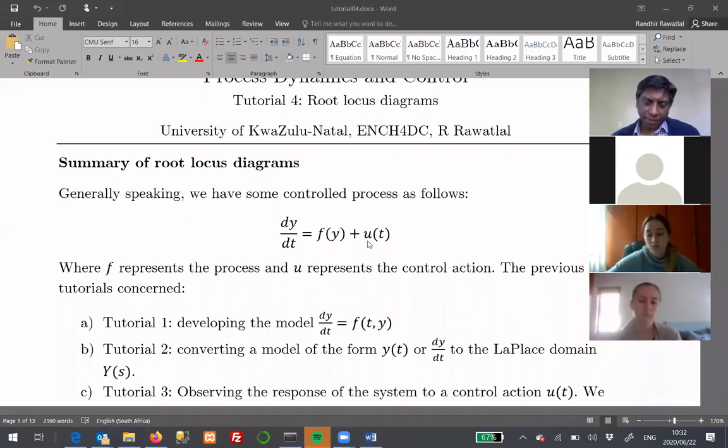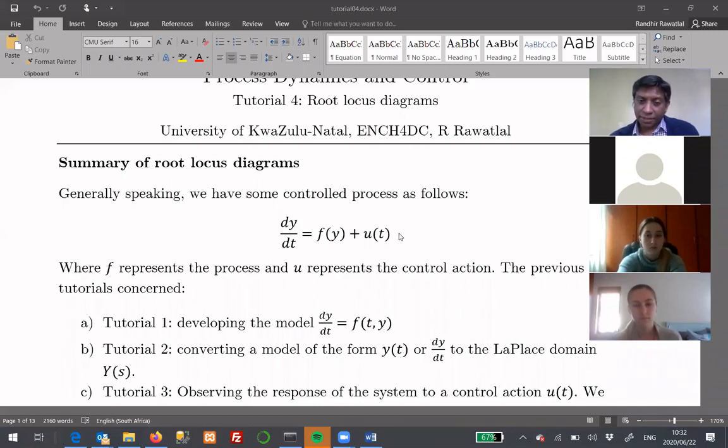So we have some control variable here, or some manipulated variable, and we are trying to control some output variable y, which might be a concentration or a temperature or a pressure. So whatever it is, for a linear system of equations, we'll have some constant times the state variables y, and we'll have some unspecified time function.